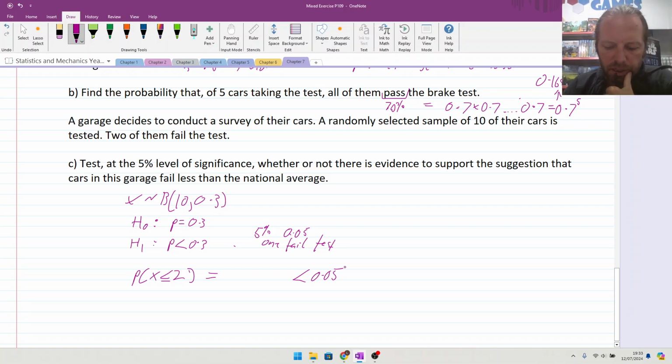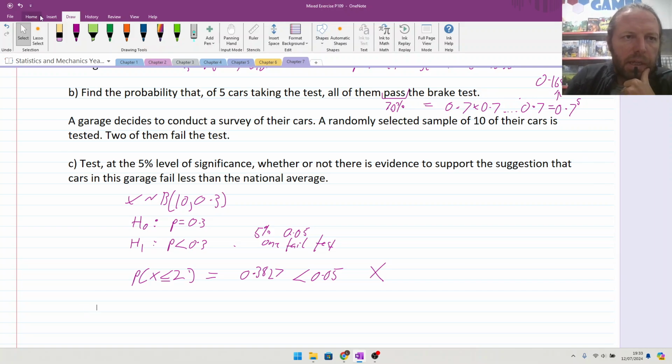So putting that into the calculator, number 7, coming down, number 1, cumulative binomial. Okay, x is 2, n is 10, and the probability is 0.3. And it gives us 0.3827, which is not less than 0.05.